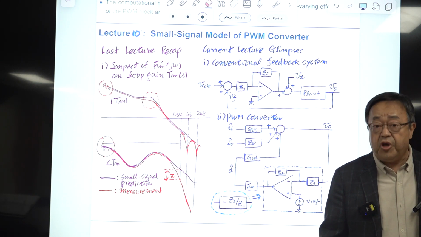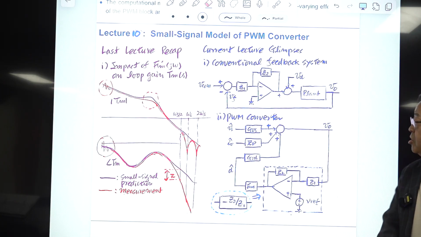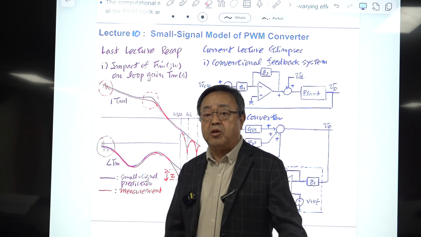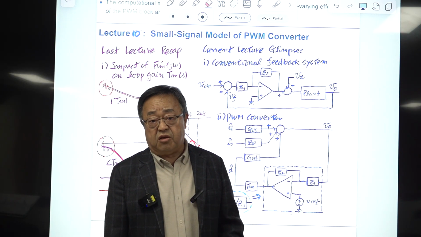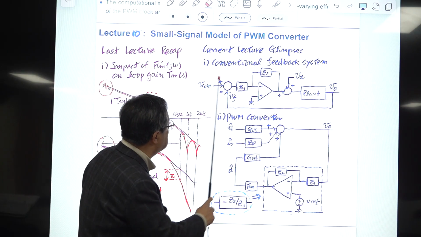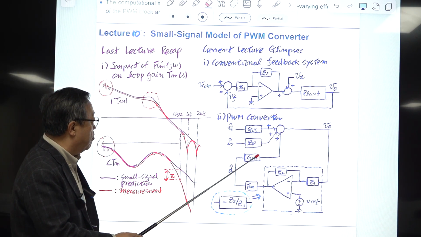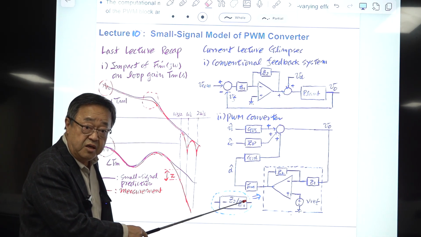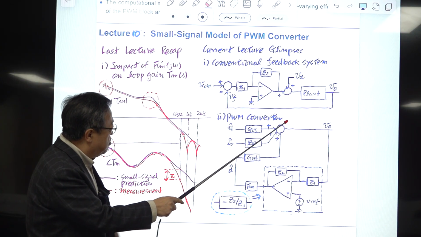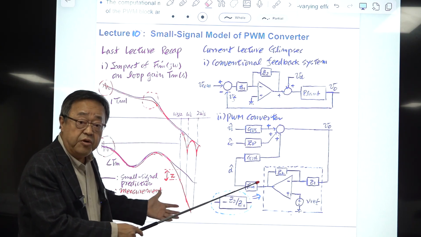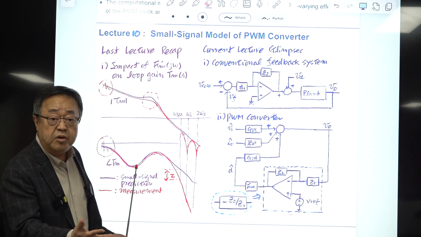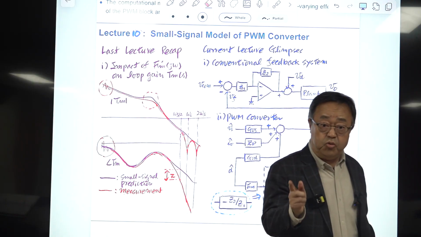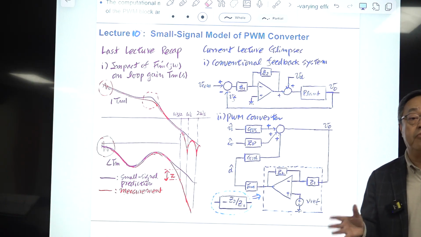Before that, I'd like to address the difference between the block diagram model of the conventional feedback system you have seen in the textbook, which is something similar to this, and the small signal model of the converter, which is something like this.